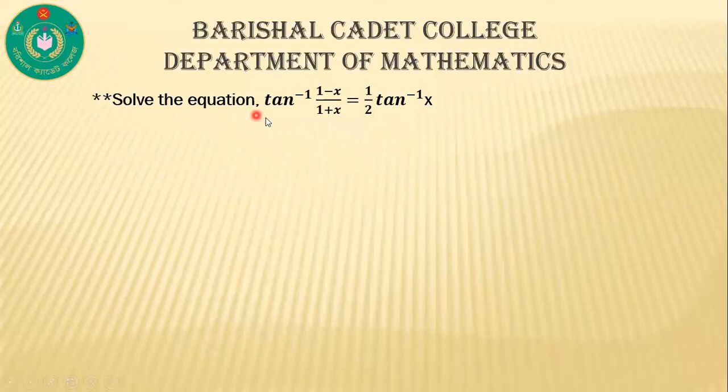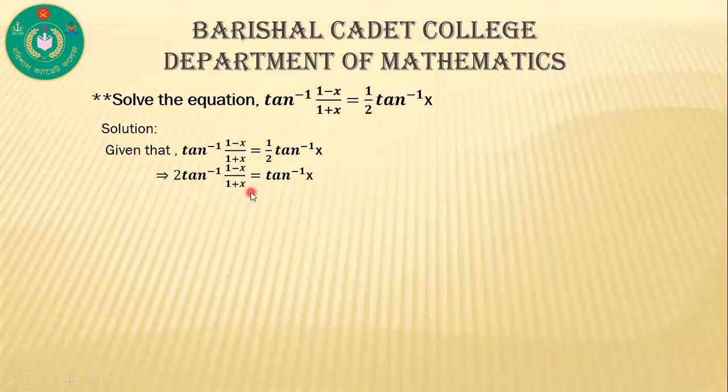Solve the equation tan inverse 1 minus x by 1 plus x is equal to half tan inverse x. Solution. Given that tan inverse 1 minus x by 1 plus x is equal to half tan inverse x. Here multiplying 2, then we can write 2 tan inverse 1 minus x by 1 plus x is equal to tan inverse x.